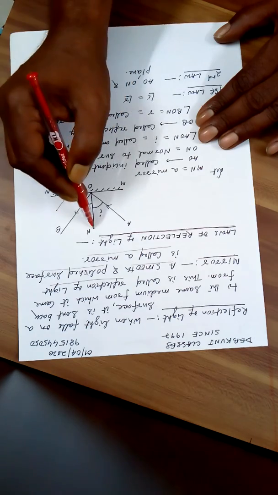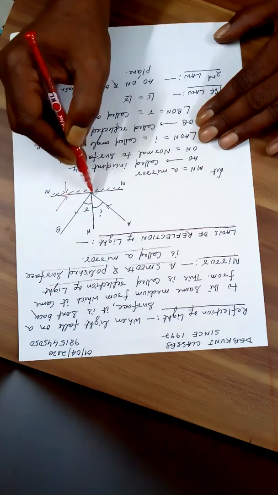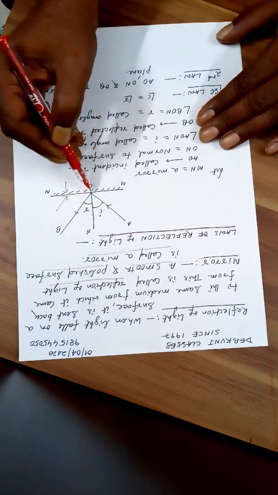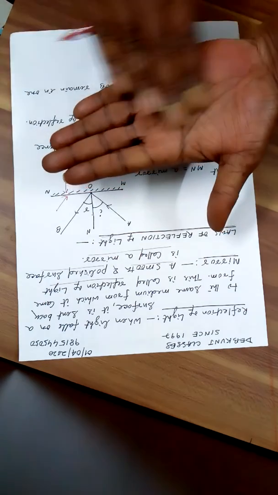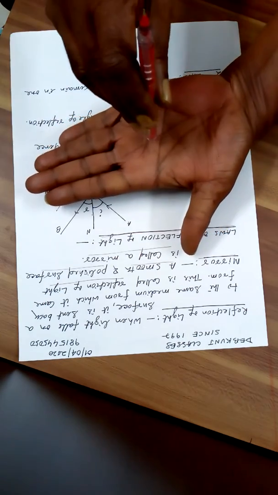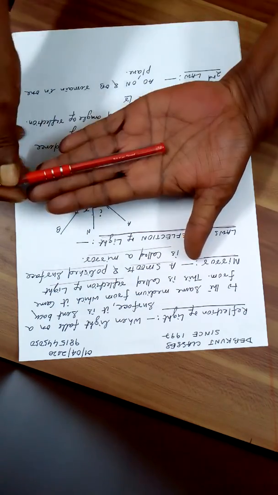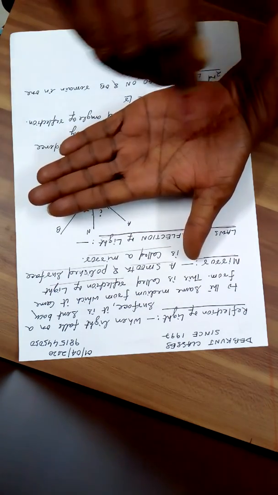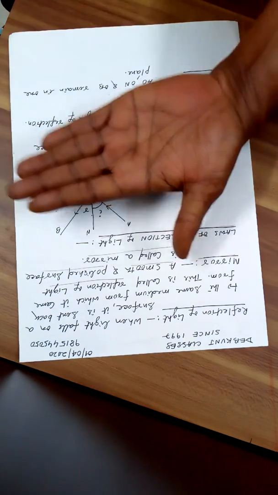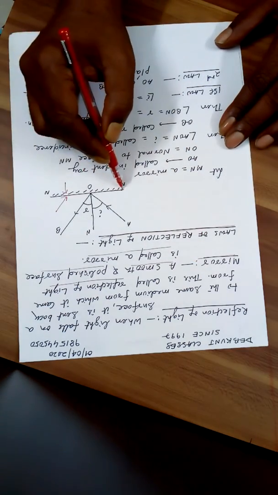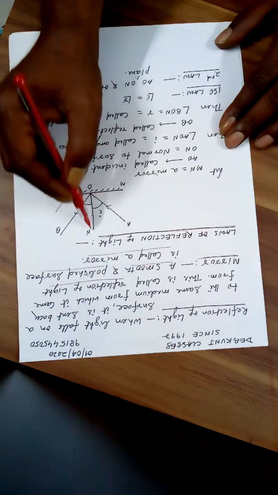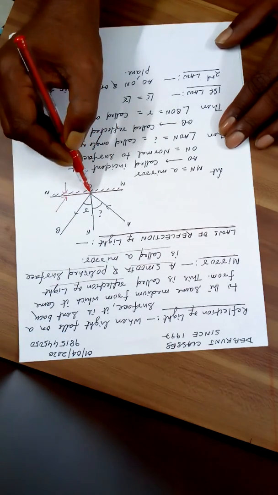To the mirror, I draw a normal. If this is making 90 degrees with the plane of the mirror, then this is called the normal to this surface.